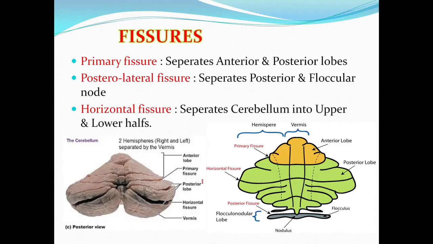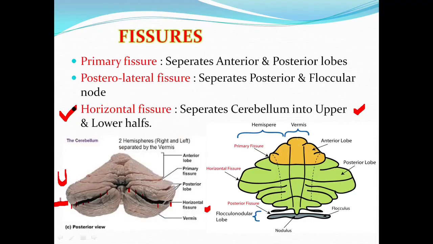Before that, we should know which fissures are located here. A very important fissure is the horizontal fissure. At this level, the horizontal fissure differentiates the cerebellum into an upper half and a lower half.